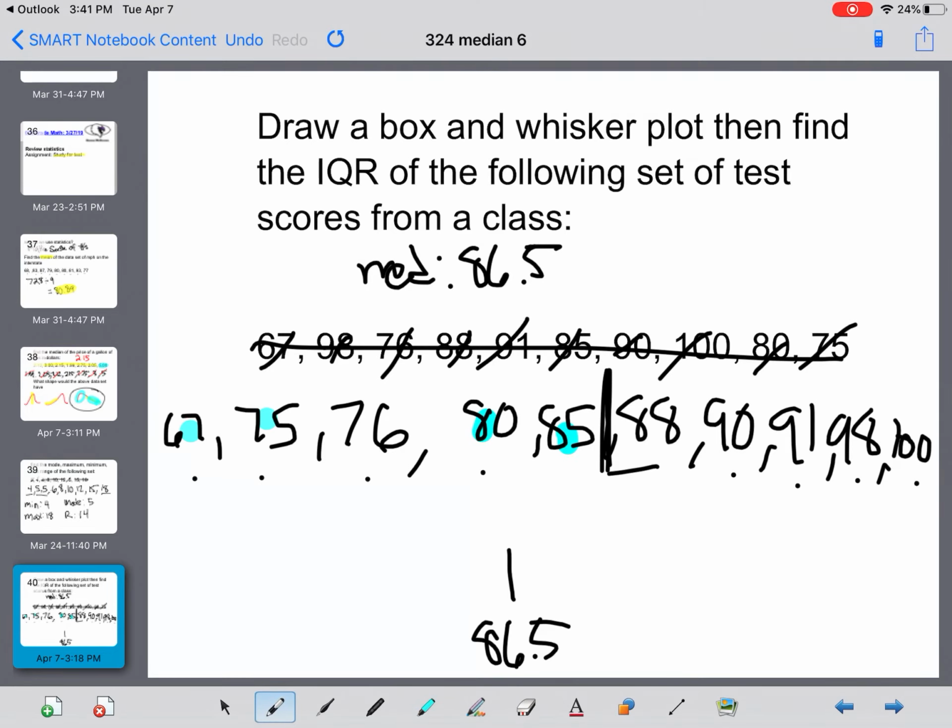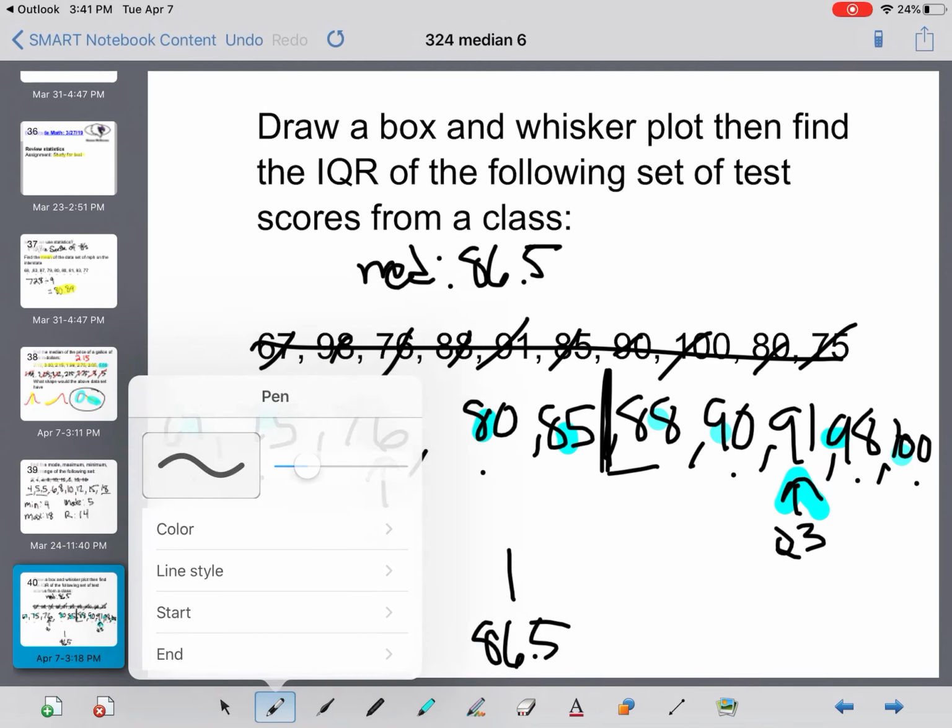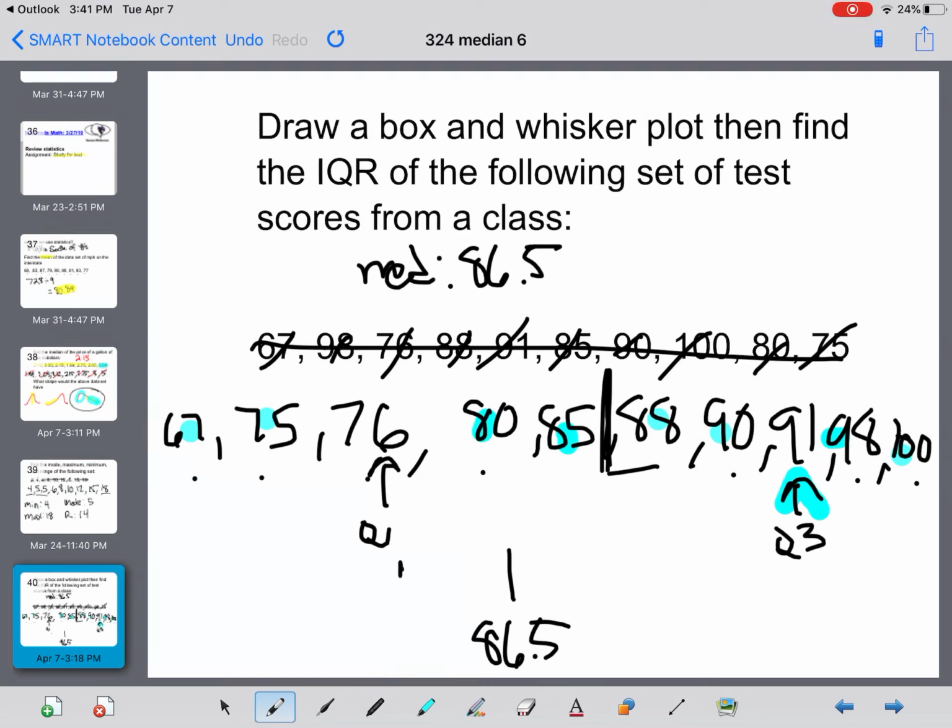Well, now my Q1 is 76. Q1 is 76, and my Q3 is 91. So now there's about a 10 unit difference.